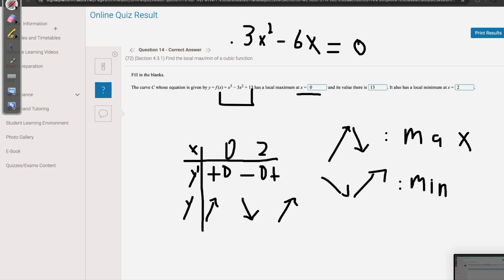When they mean the value there, you have to substitute in the original equation. So 0 cubed minus 3 times 0 squared plus 13, which is equal to 13. And the local minimum is at x is equal to 2. They didn't ask for the value of it there, so we're good.